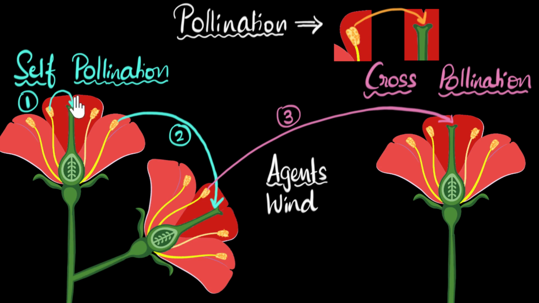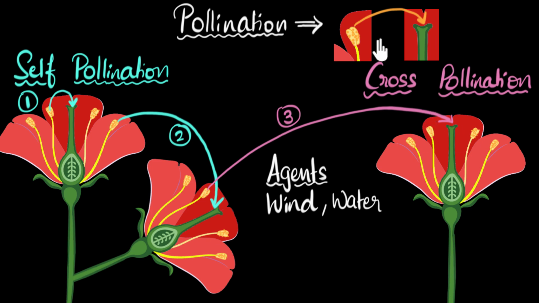Even then, the pollen grains get entangled with the stigma and get stuck to it, and pollination happens. With wind, self-pollination can easily happen because the stamen, the pollen grains and the stigma are very close to each other. So with wind or water, just like how wind helps in transferring pollen grains for land plants, water helps in transferring the pollen grains in aquatic plants.